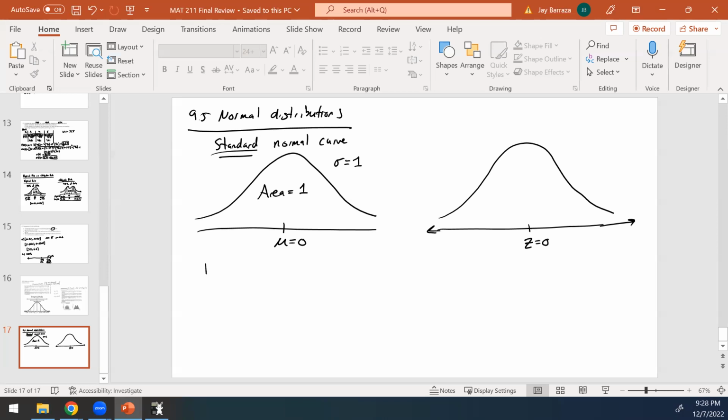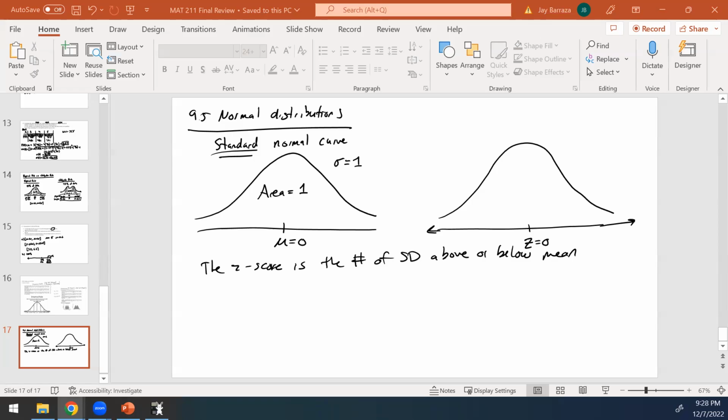The z-score is the number of standard deviations above or below the mean. So if you are at the mean, then your z-score is 0 because you are 0 standard deviations away from the mean. That's kind of the idea.